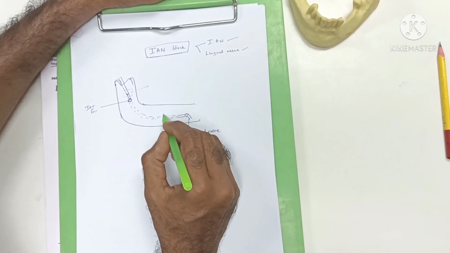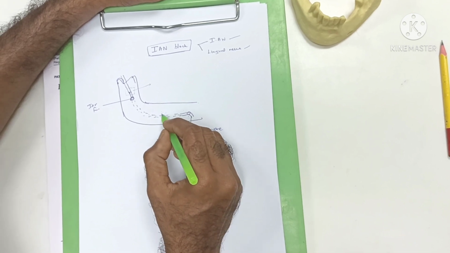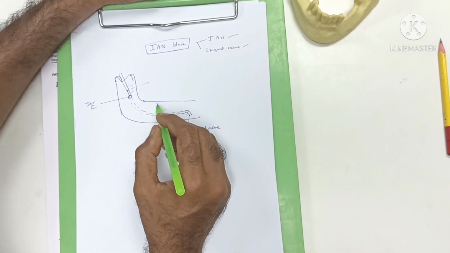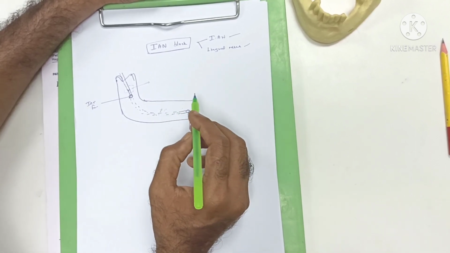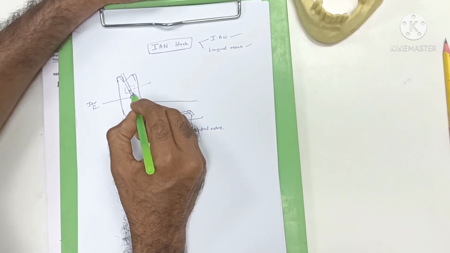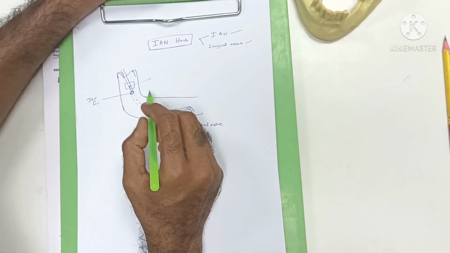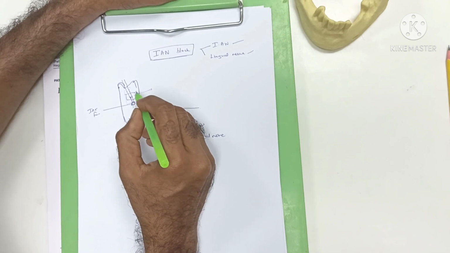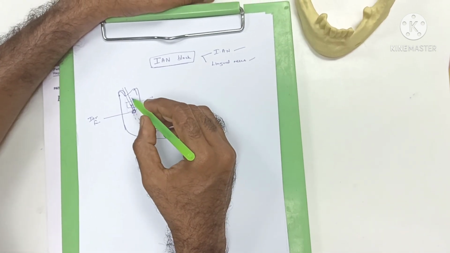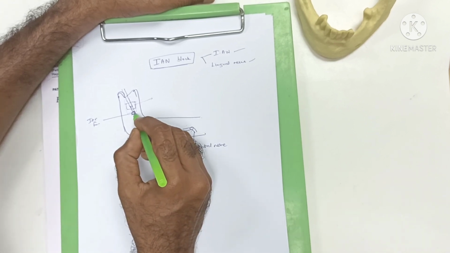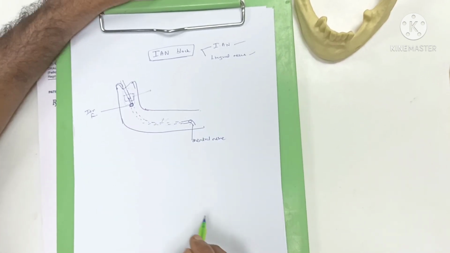If you try to anesthetize here, this is called infiltration, but infiltration won't work in the mandible because of the thick buccal and lingual cortex. So we are targeting the nerve where it is open, not inside the bone. This space is called the pterygomandibular space, on the medial side of the ramus, just above the inferior alveolar nerve foramen.